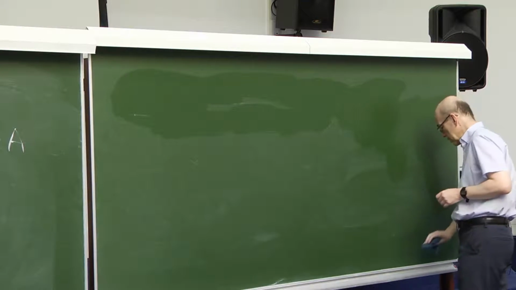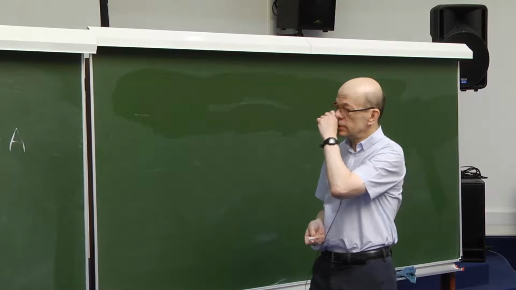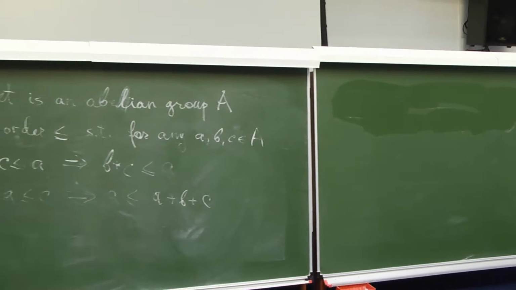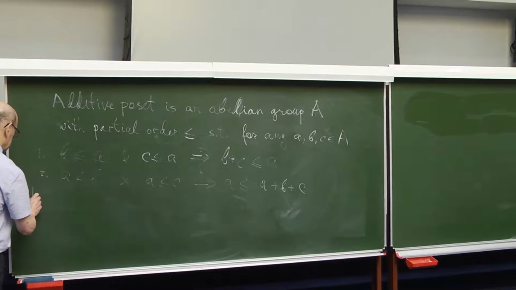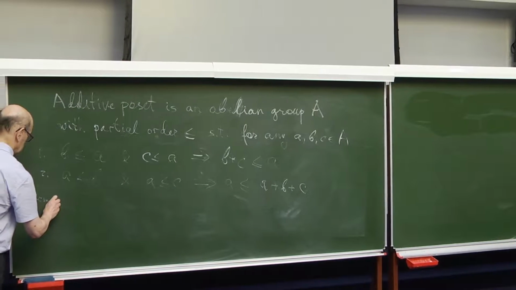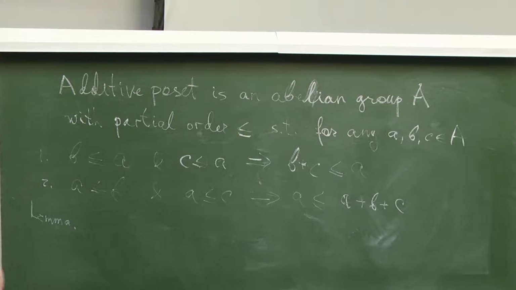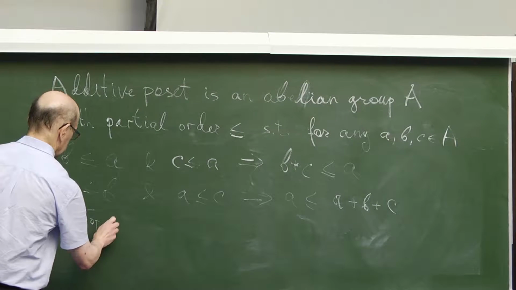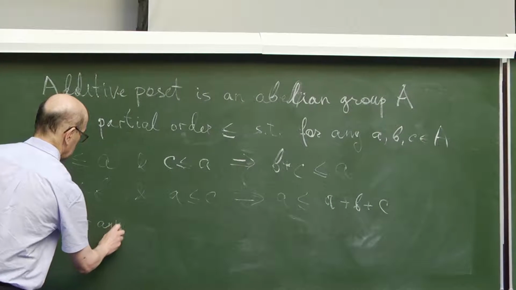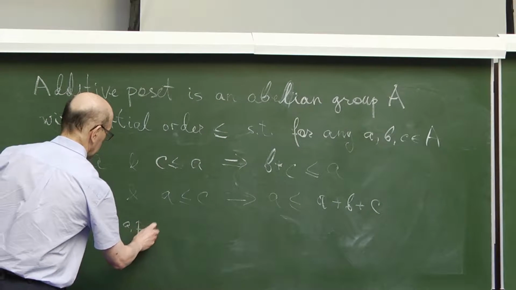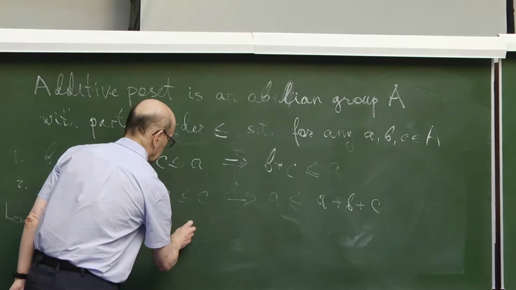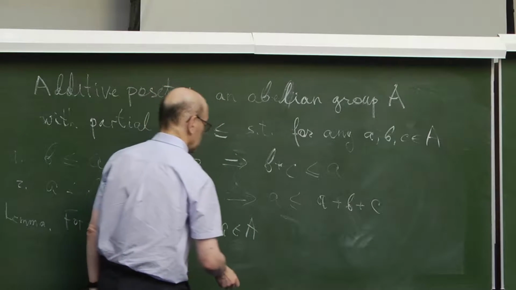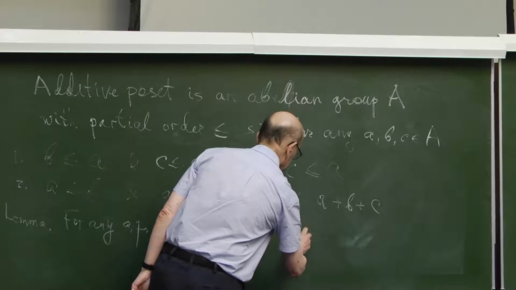Before going further, I just want to state a couple of properties of additive posets. One property, a lemma, says that for any additive poset A and any element of it, A plus A is equal to 0.